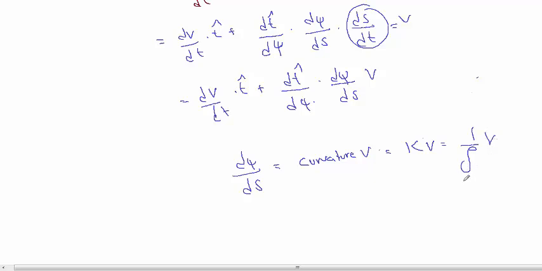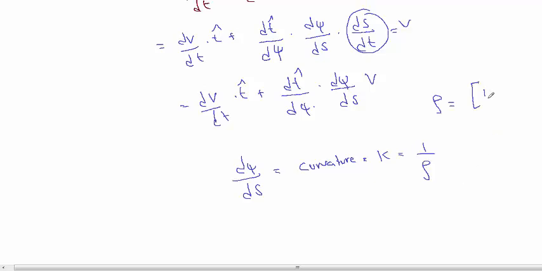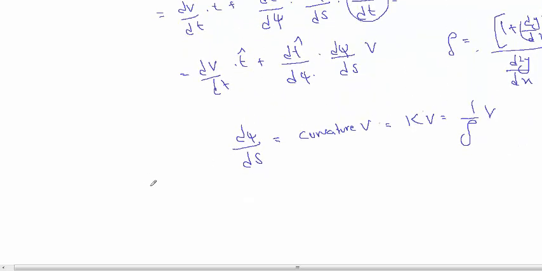This rho is the radius of curvature, rho equals (1 plus (dy by dx) square) power 3 by 2 divided by the second derivative of y with respect to x. So the above expression can be written as dv by dt t unit vector plus dt by d psi into 1 over rho into v square.